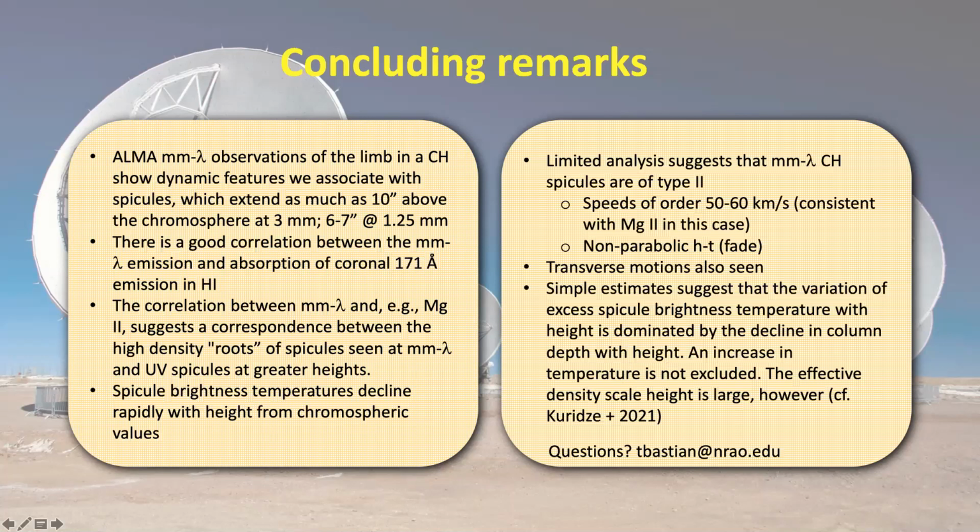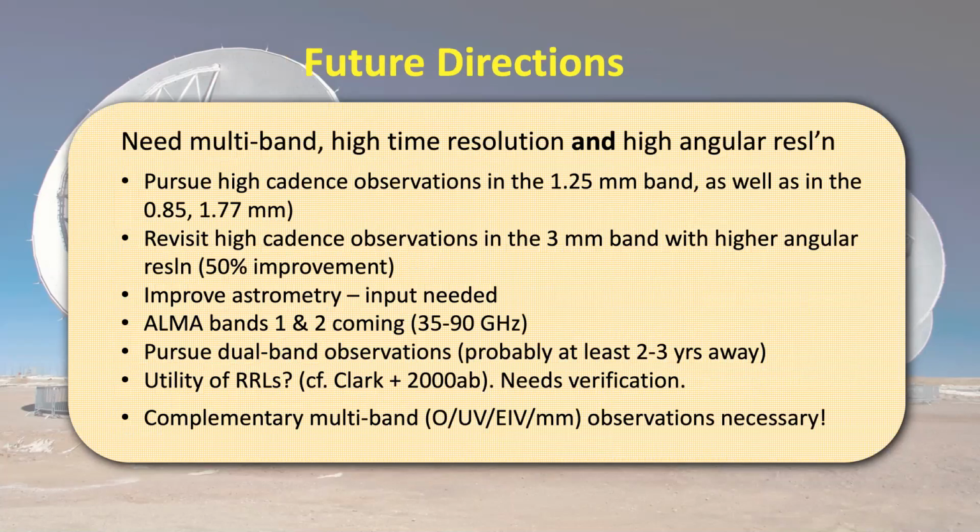Future directions, let me just say a couple of words. We're just getting started. We've had lots of challenges in understanding how best to reconstruct the data in our images and recover accurate brightness temperatures, but ultimately we need multi-band, high time resolution and high angular resolution observations.